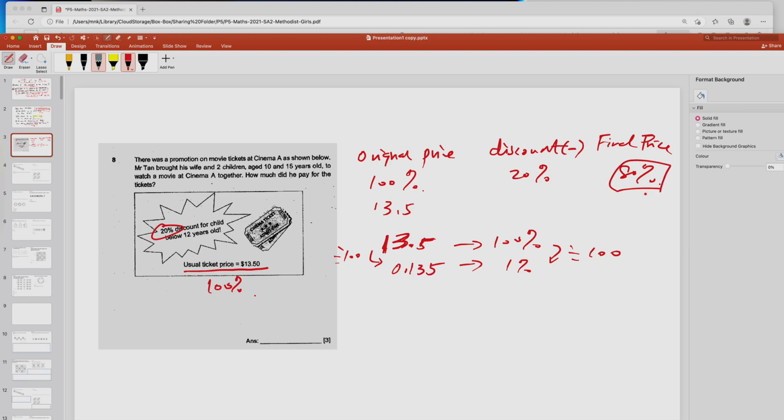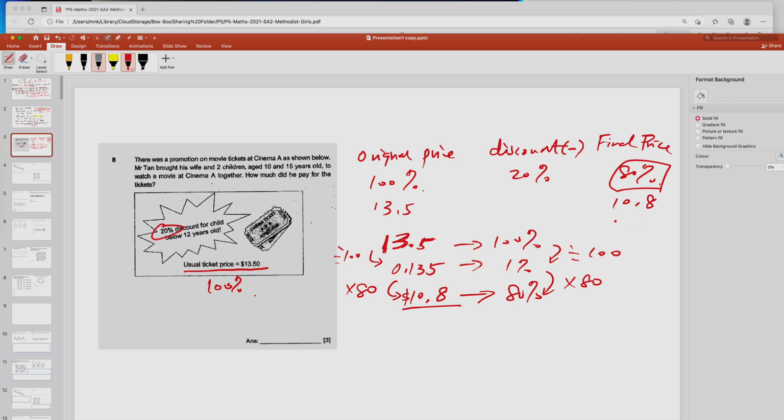The final price is 80%, so 80% is how much? From 1% to 80% is times 80, so this one also must times 80. It's 10.8. So you just write down 10.8 here for 80%.